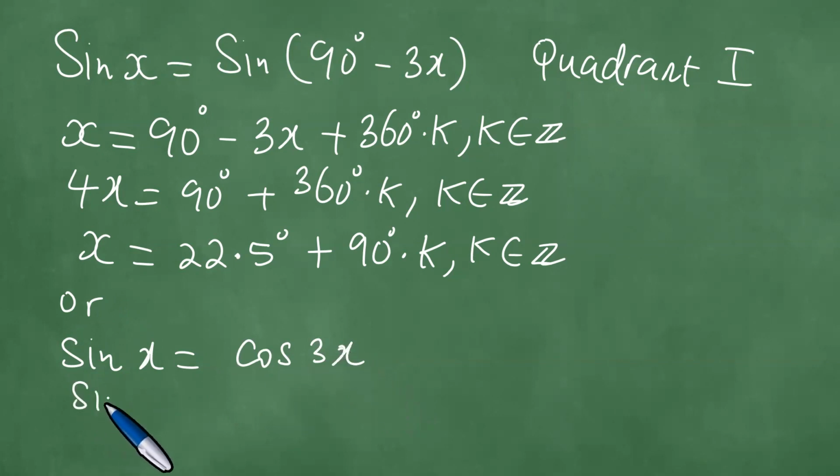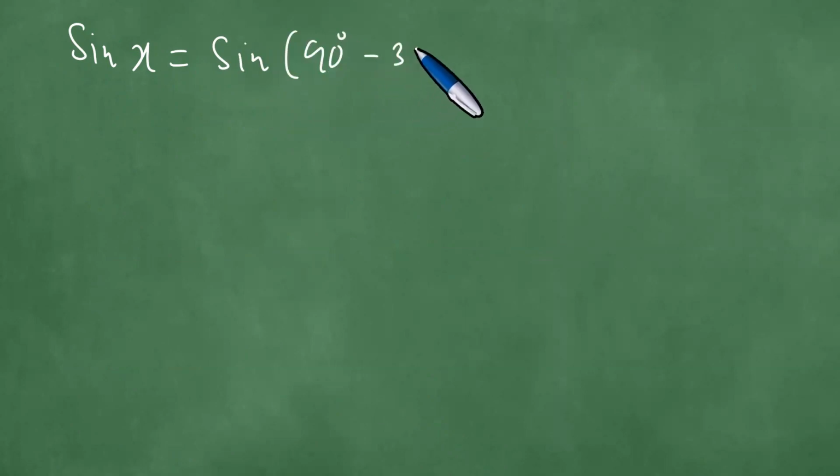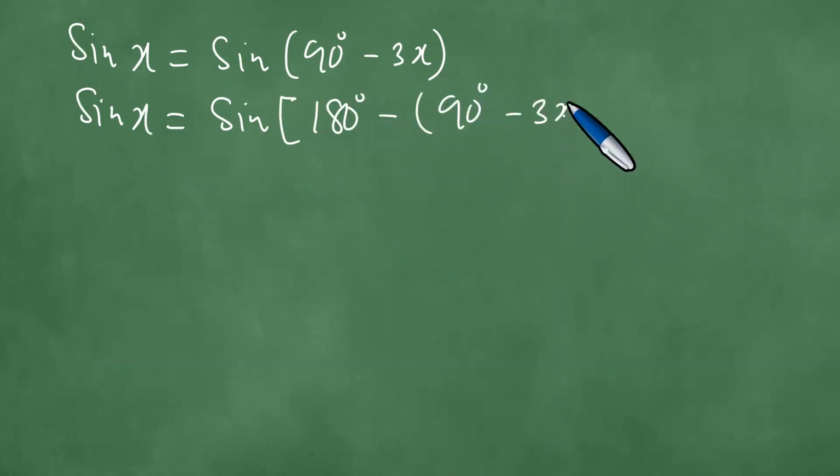And this is the sine of x equals exactly the sine of 90 degrees minus 3x, an angle in the first quadrant. And this is the sine of x equals the sine of 180 degrees minus 90 degrees minus 3x.